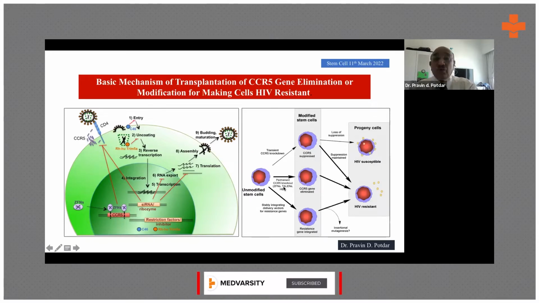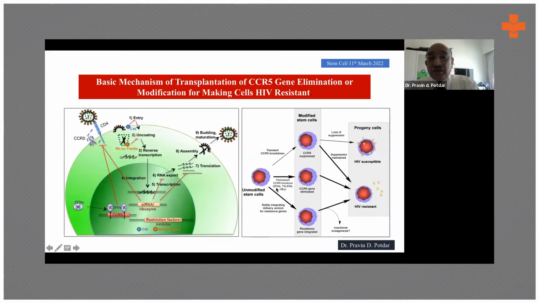But when you chop out or knock down this CCR5, using terminology like ZFN, TALEN, and CRISPR, you can eliminate the CCR5, and HIV resistance can be developed. And the third concept is the stably integrating delivery of various vector resistance genes.